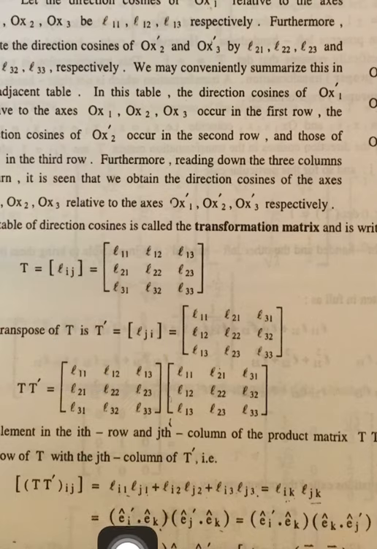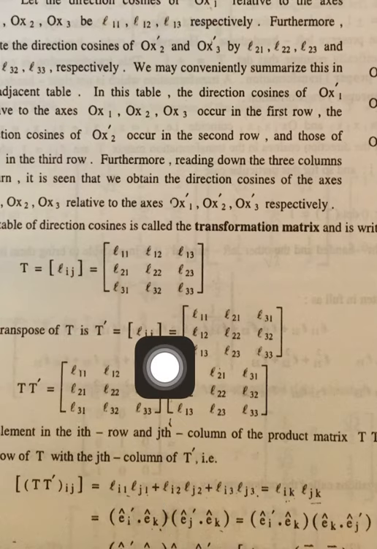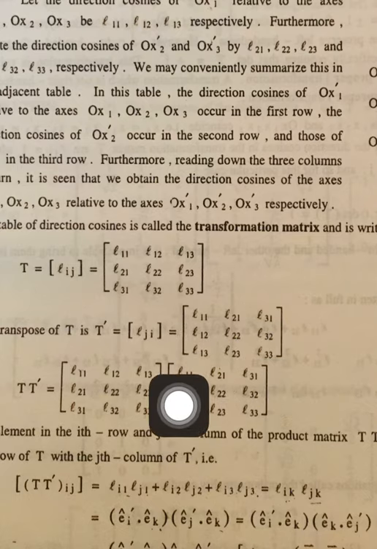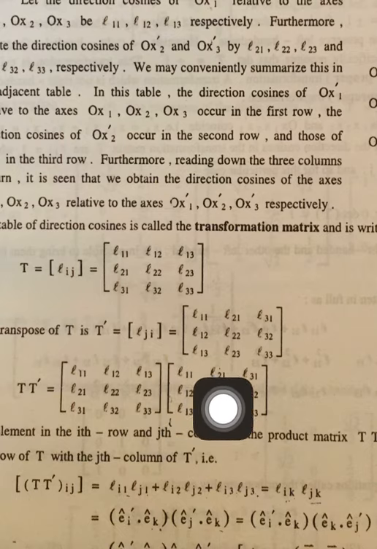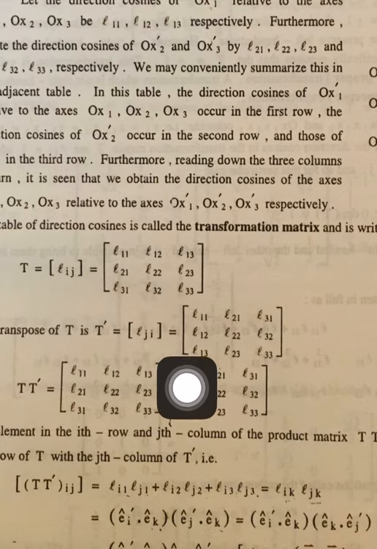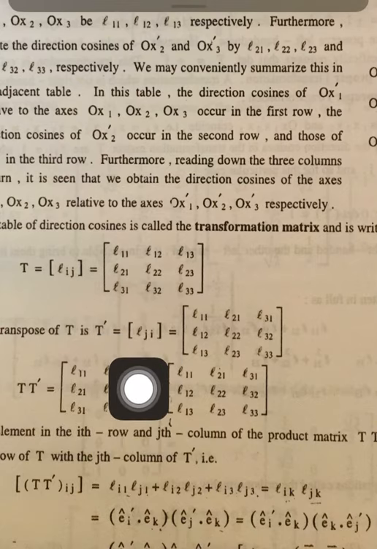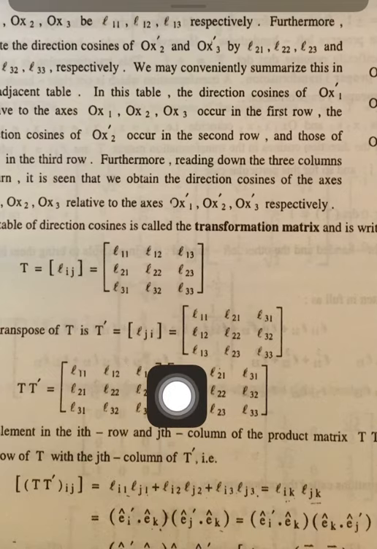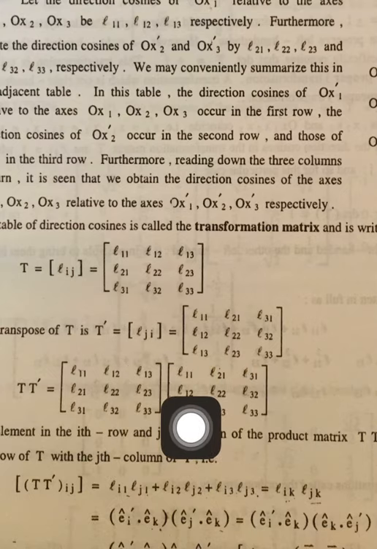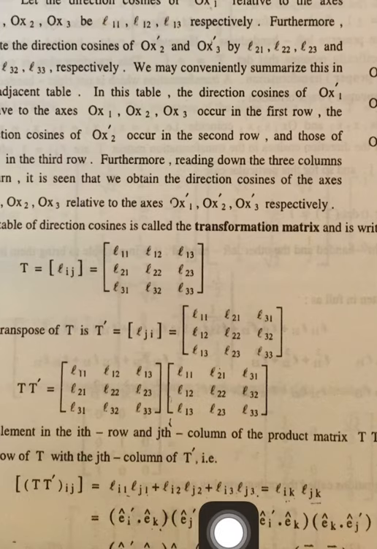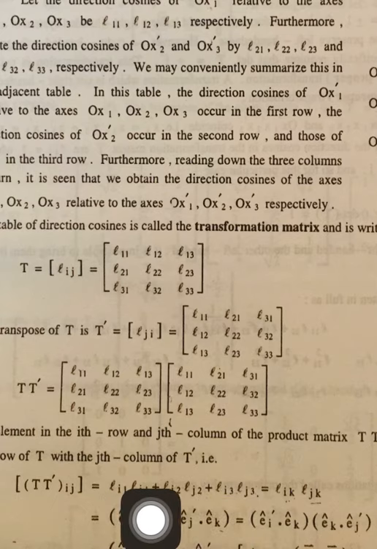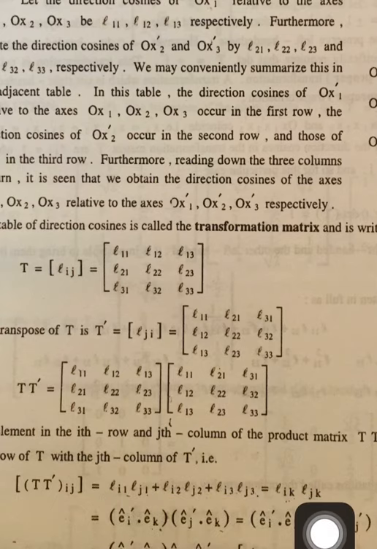So I can write it as Li1, and the other one is the row of this matrix, where again the first index is changing and the second is fixed, so I can write it as Lj1. In the next column I can write Li2 and Lj2. Further, Li3 and Lj3. Combined, I can write it as Lik and Ljk.